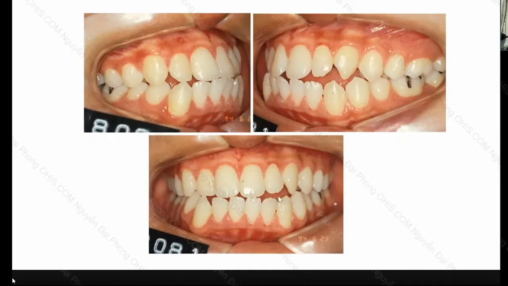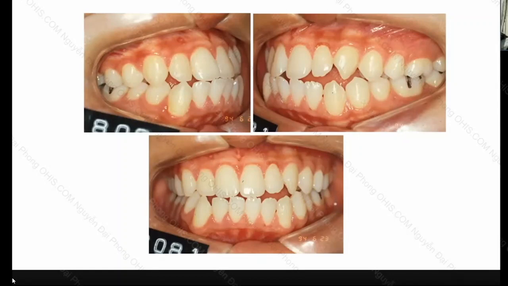So this is indicating something about class 3 development. In Japan, a long time ago, many orthodontists were discussing class 3 as a genetic problem.